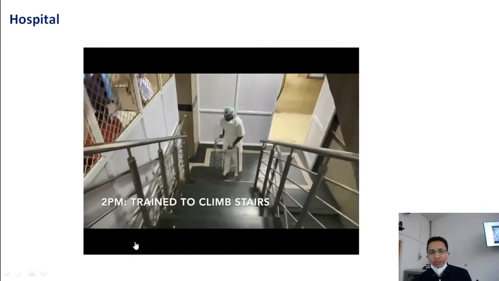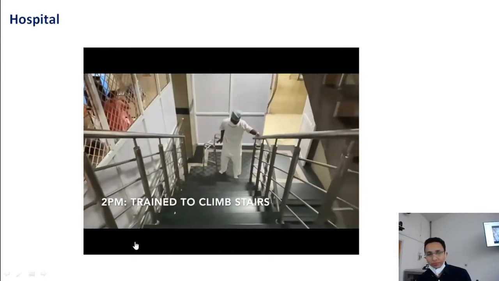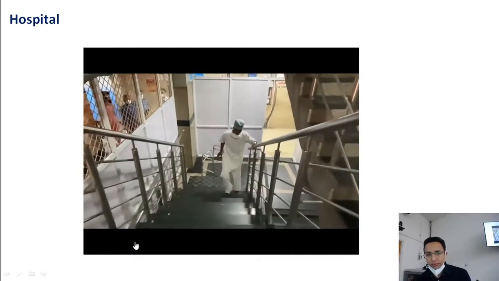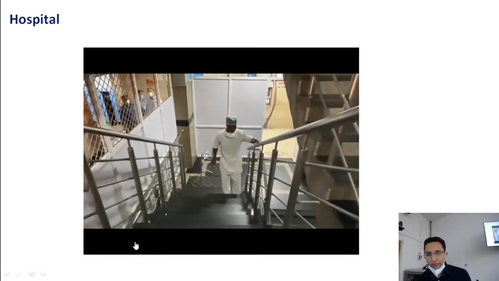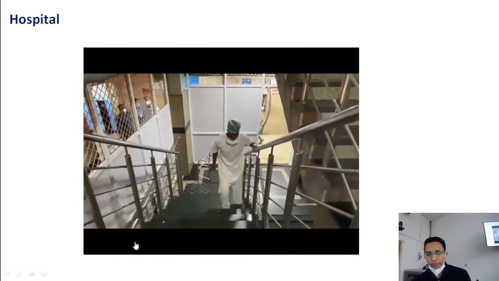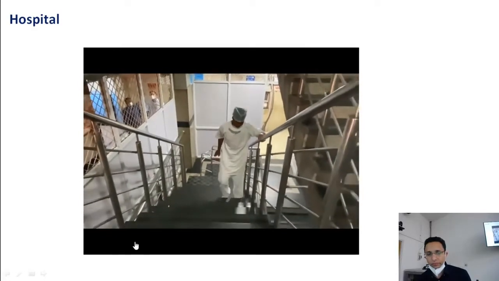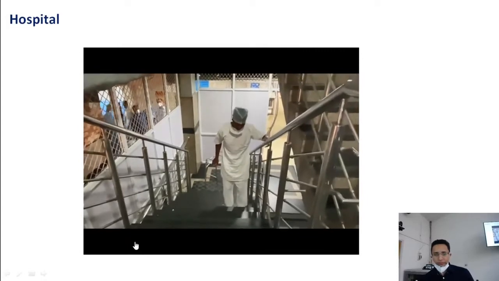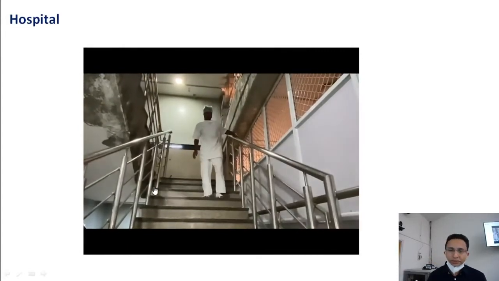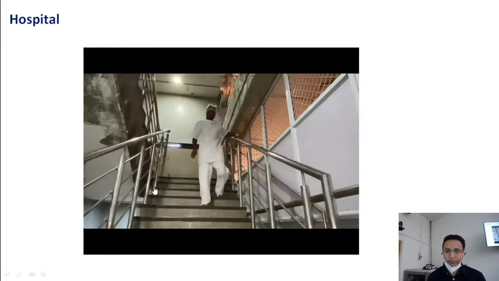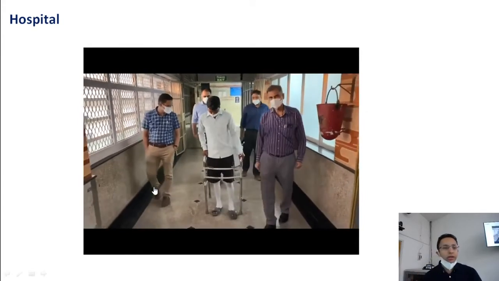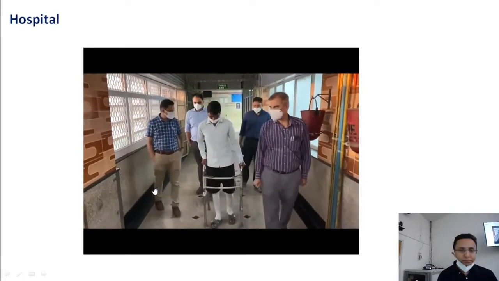So he was trained to climb the stairs, and getting down the stairs. We discharge him only on tramadol and diclofenac.